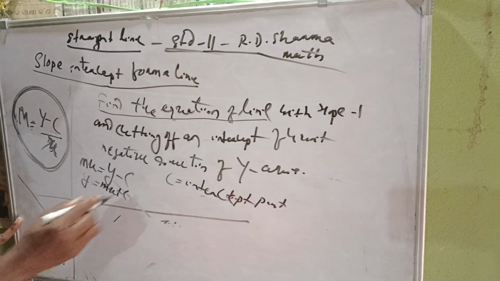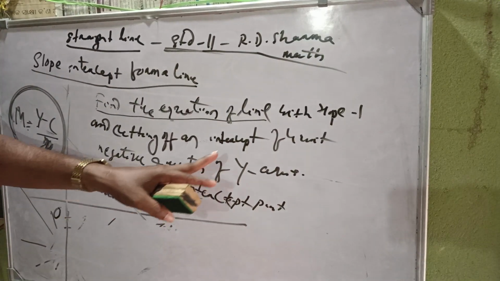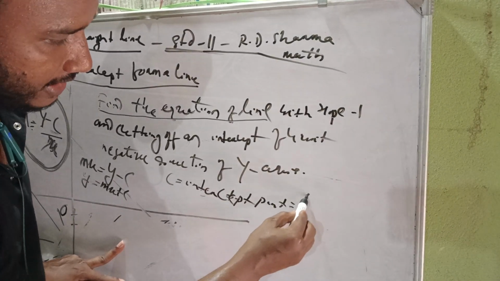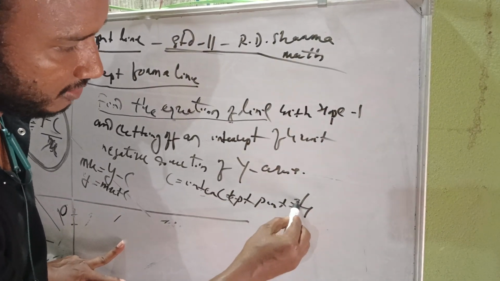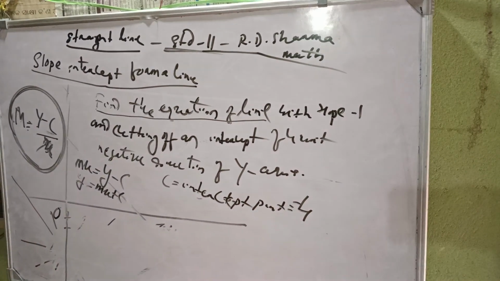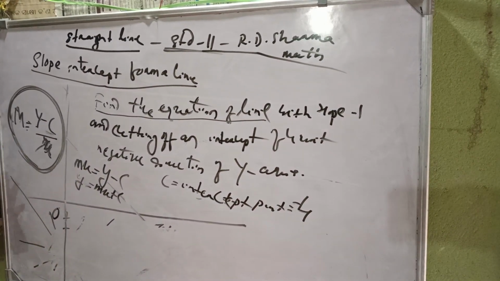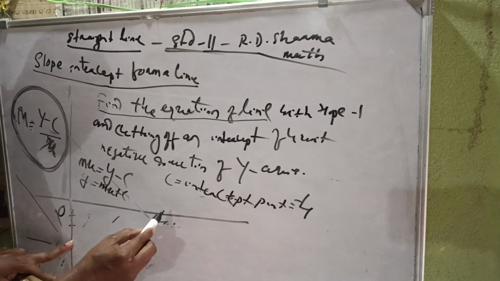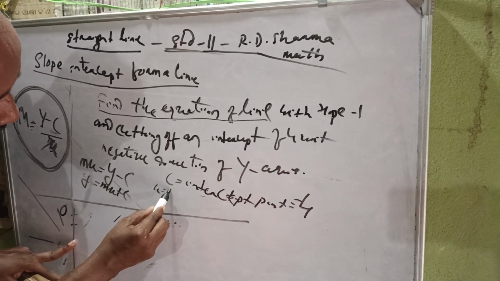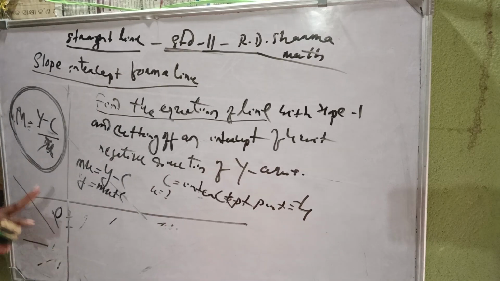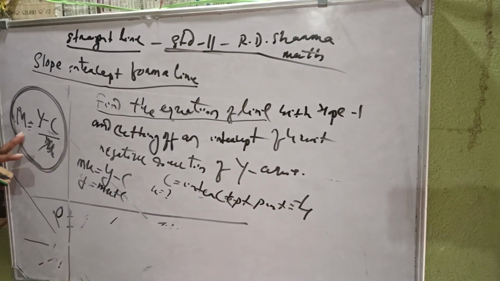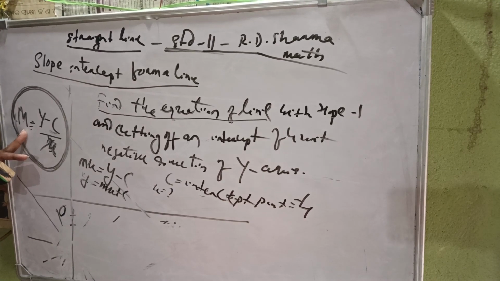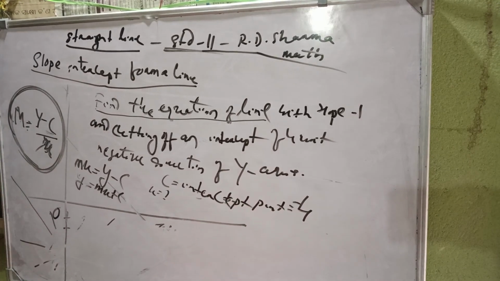What is the intercept point? What is given in the question? 4. You write here, negative 4 means minus 4. Understood? X is not given. And M is given. What is M? Minus 1. Slope is given, minus 1.